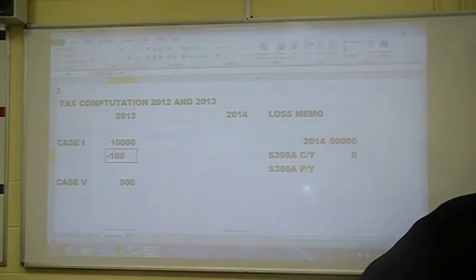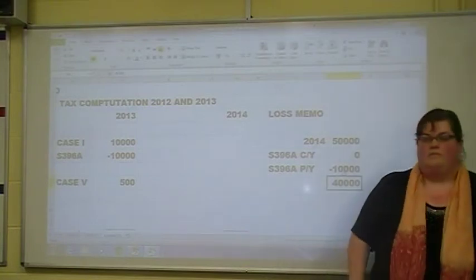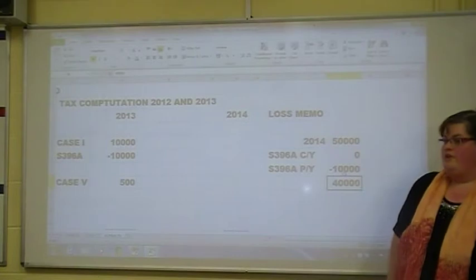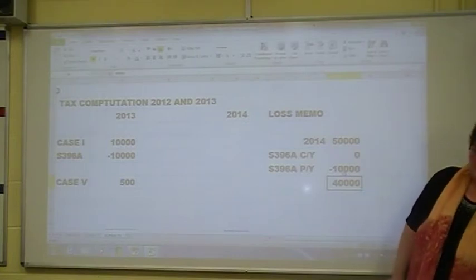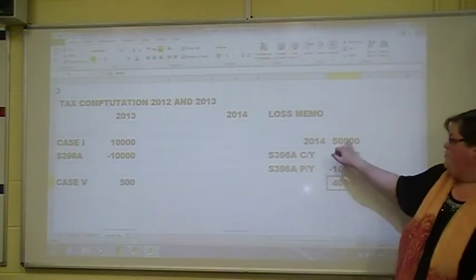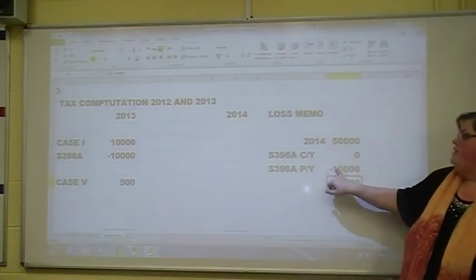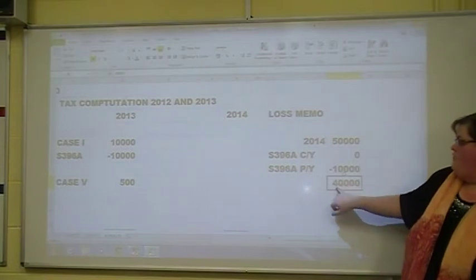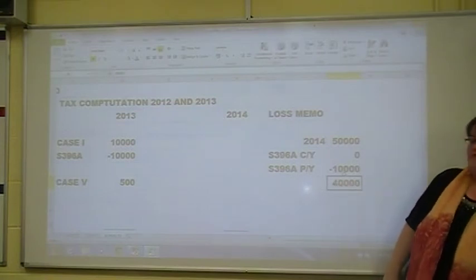So section 396A. Okay, so you get 10,000 off straight away. So bring your 50,000 minus your prior year 10,000 off of it, and you're left with 40,000 worth of loss.